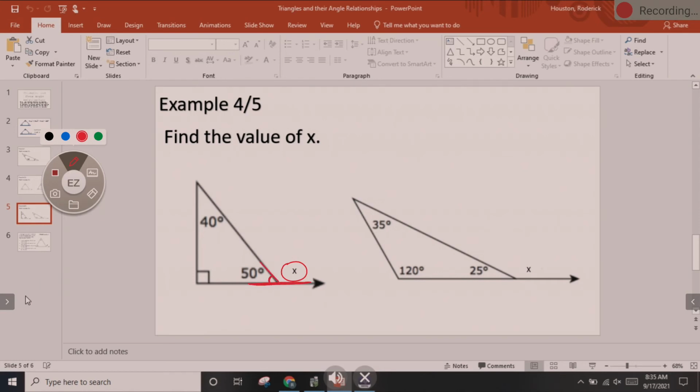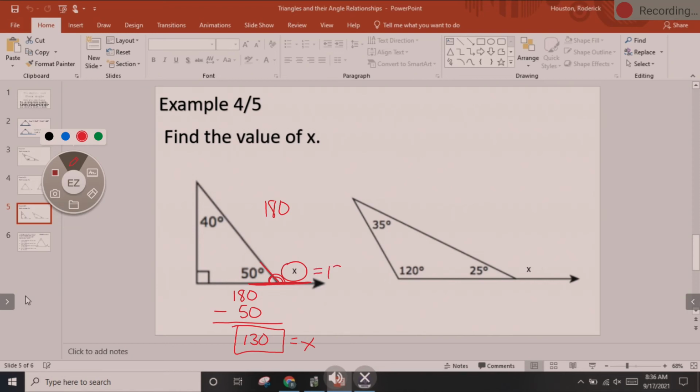So this angle, the 50 degrees, and X. Okay, two angles side by side like that, they equal that magical 180 degrees. So the simple way of finding X would be to do 180 and subtract the 50, and that gives us X, which in this case is 130.